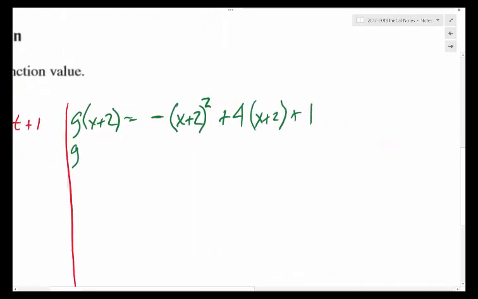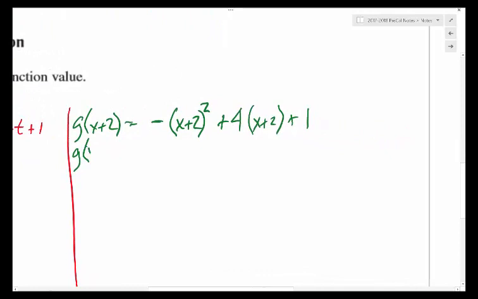I'll zoom in so you can see it better. So I'll have negative (x plus 2) times (x plus 2) plus 4 times (x plus 2) plus 1.